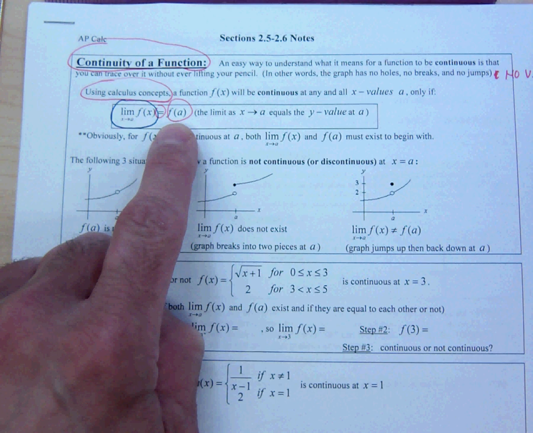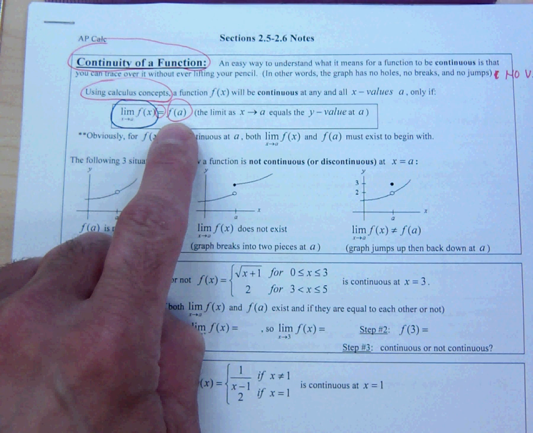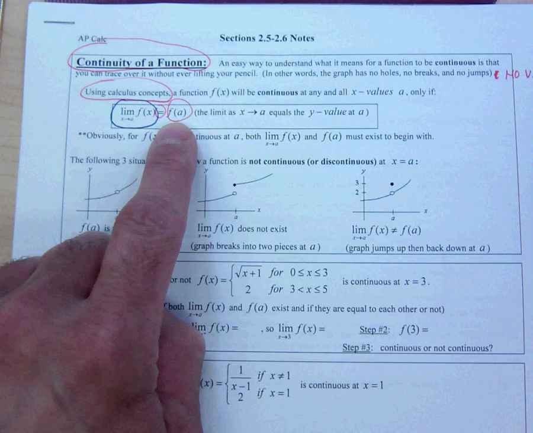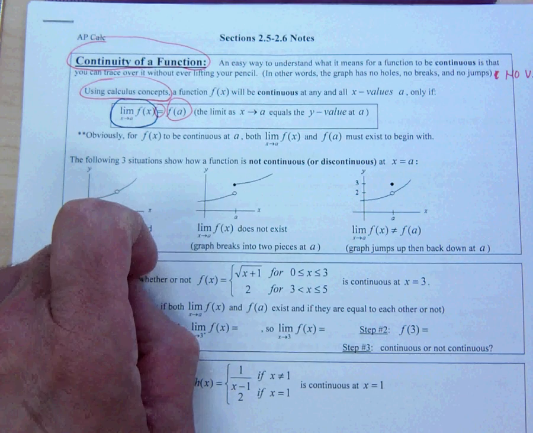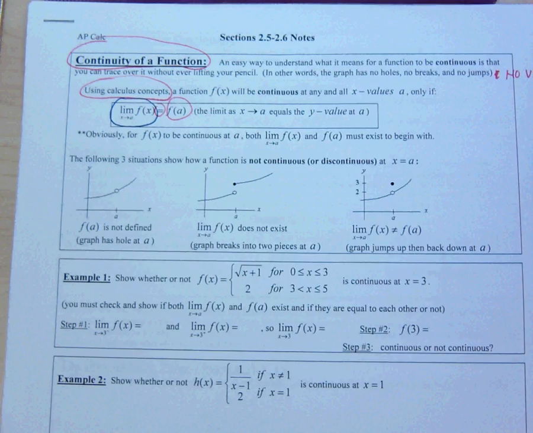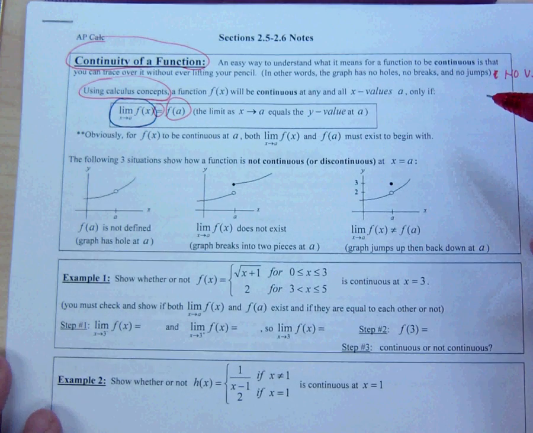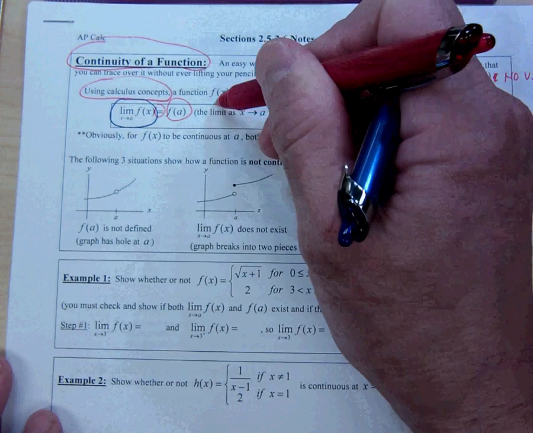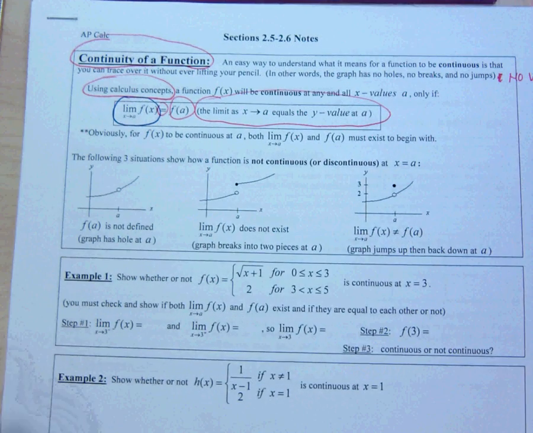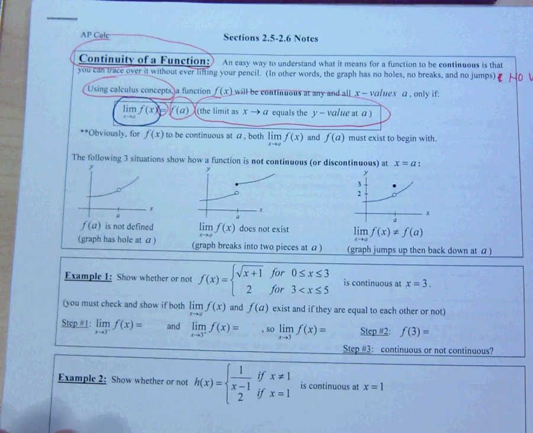What's f of a? F of a is the actual y value at a. Is that clear? So that's the formal definition of what it means for a function to be continuous at a. Again, the limit as x goes to a equals the y value at a is another way of looking at that. That's exactly what that says.